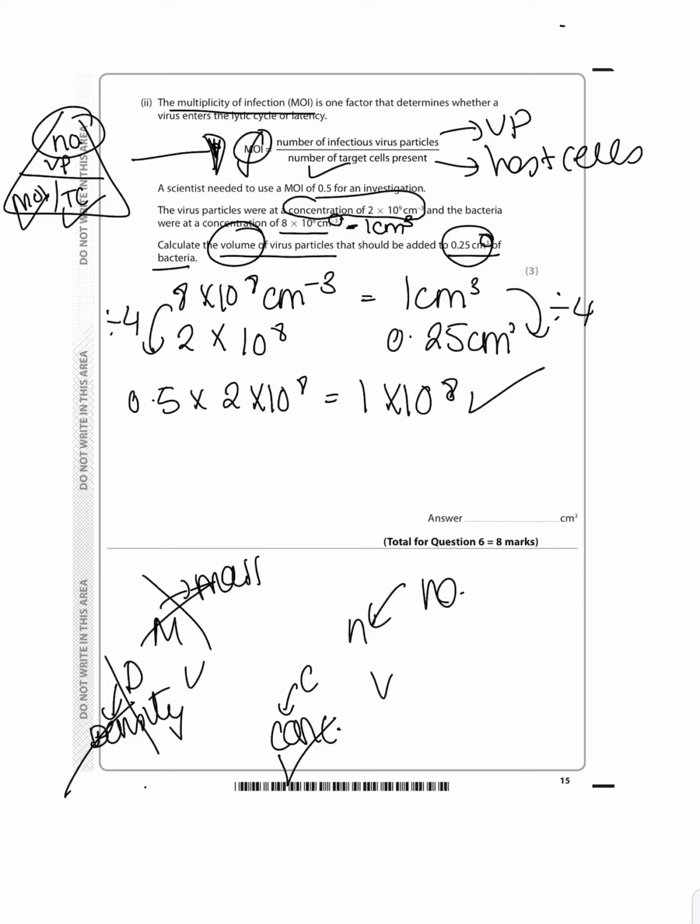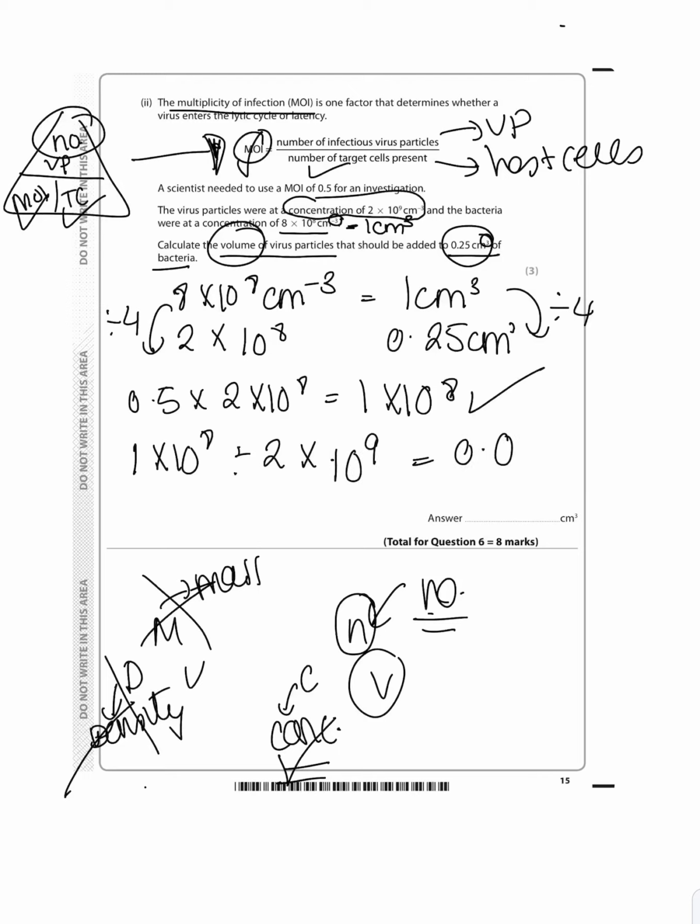And we have the number of infectious agents. So in order to get our volume, we do the number divided by the concentration. That gives us 0.05 cm³, which is the answer. There we go.